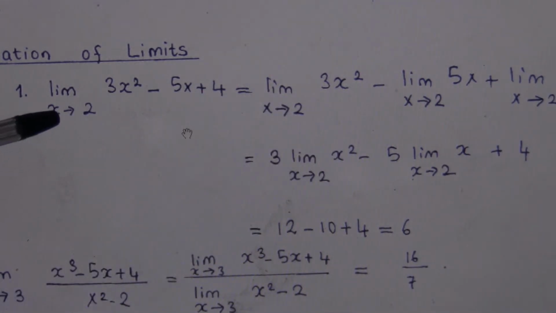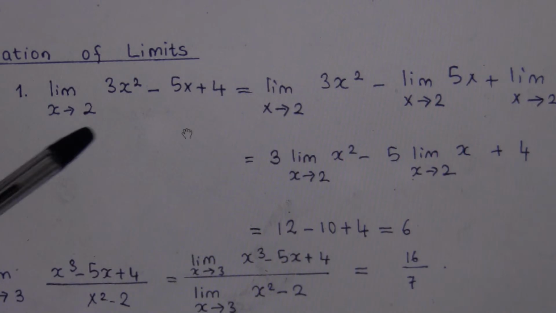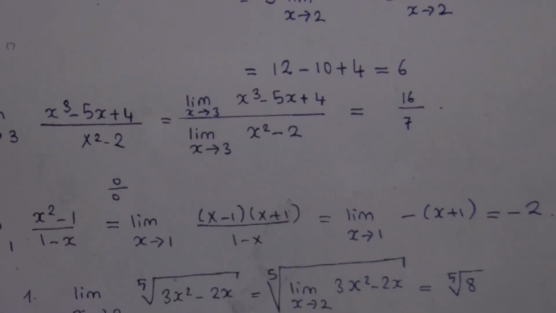So for this question you just plug in 2 and you will get 6 if you plug in 2 wherever you see x. So that's simple enough. Question number 2.